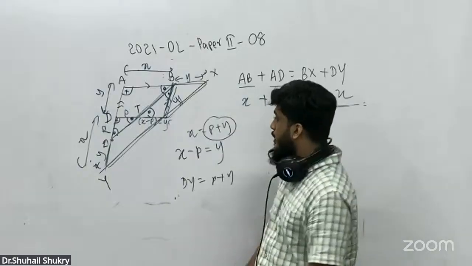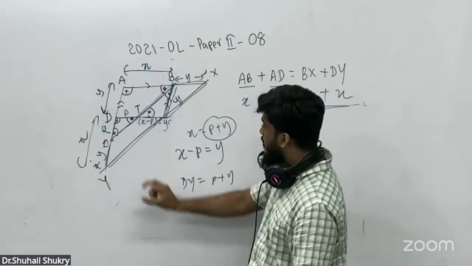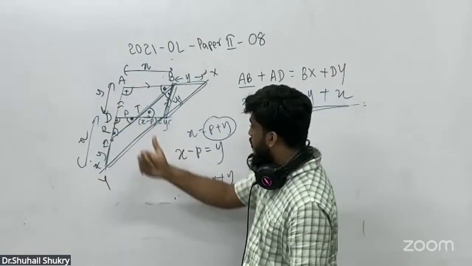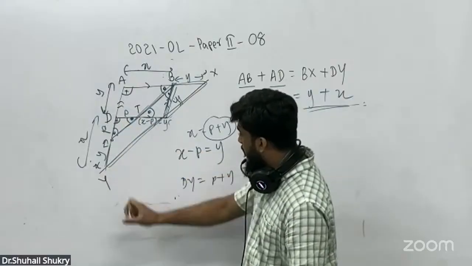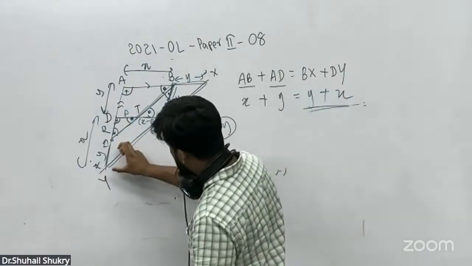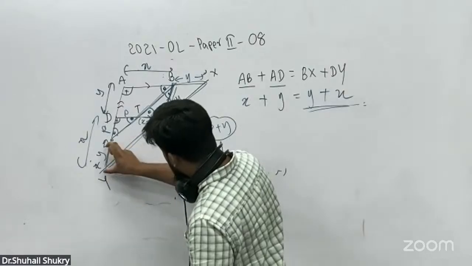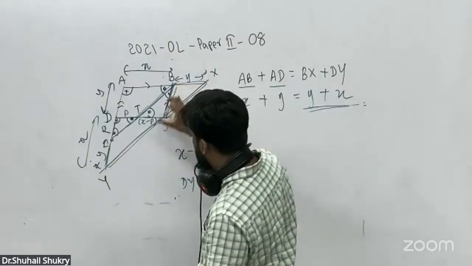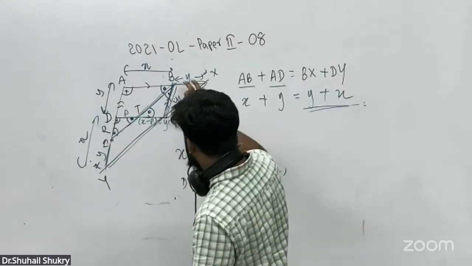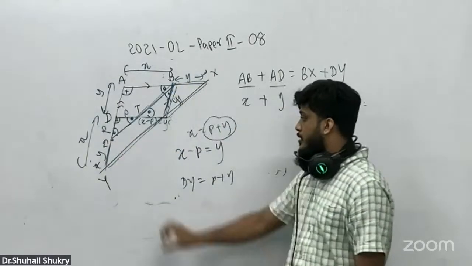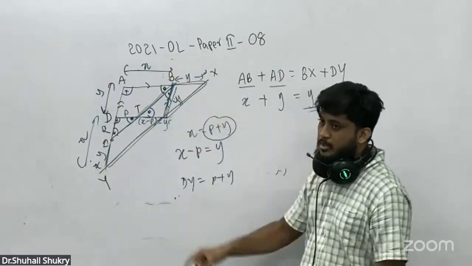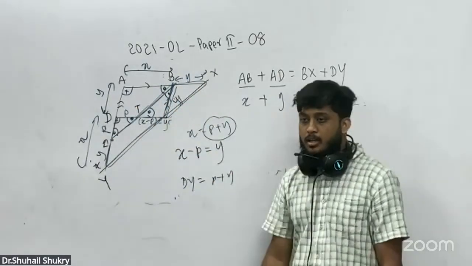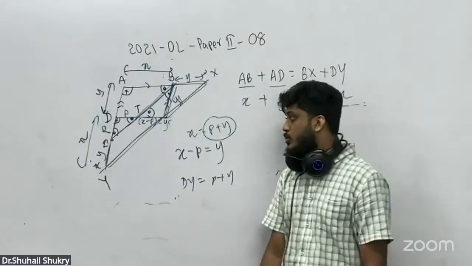Then after that, since DZ is equal to DT, you can tell this. After that, you took Y due to this as Y, you tell this one is equal to this one because of parallelogram. You tell PY is equal to this BC. Therefore, you can tell opposite sides of parallelogram are equal.